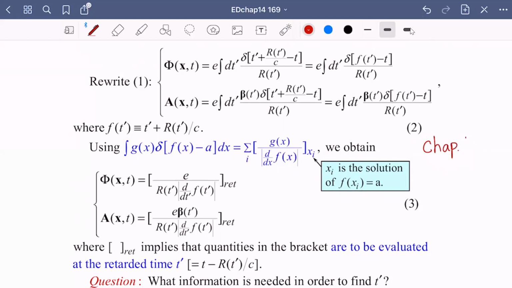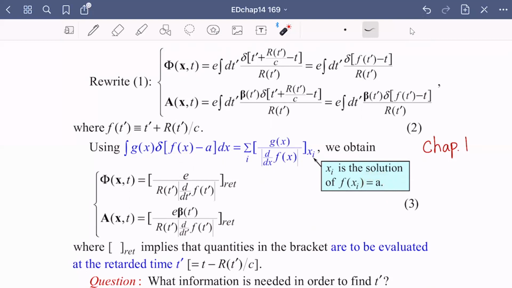That's the delta function of f of x. We evaluate f of x exactly equal to a, where xi is the solution of f of xi equals a.